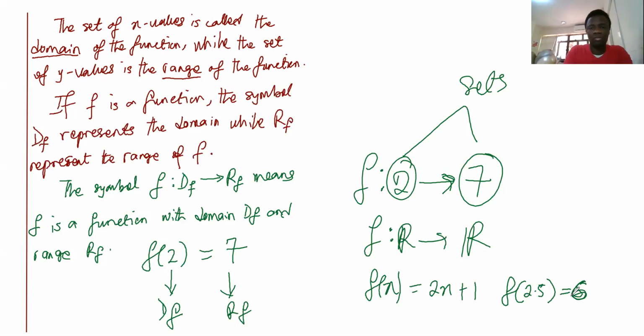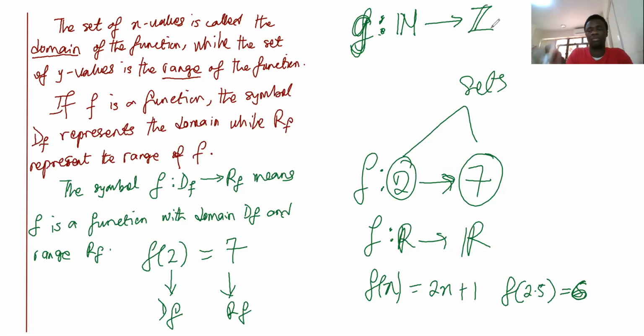Now, what if my function, this time around g, takes elements from N to Z, and g is defined as 3x minus 20?